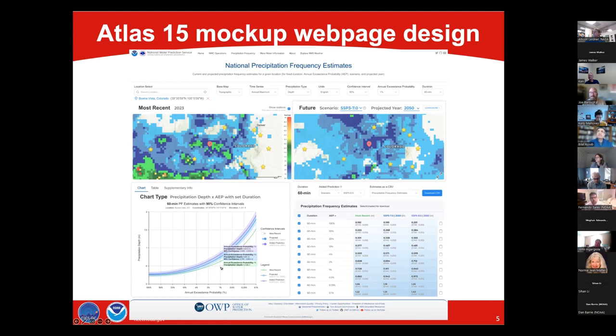Yeah, so I would say the authoritative timestamp would be the publication date of the information. The technical reports that summarize the methodology and how the data was generated would also document the various climate models that were run, the time periods that were utilized, as well as all the observation data.